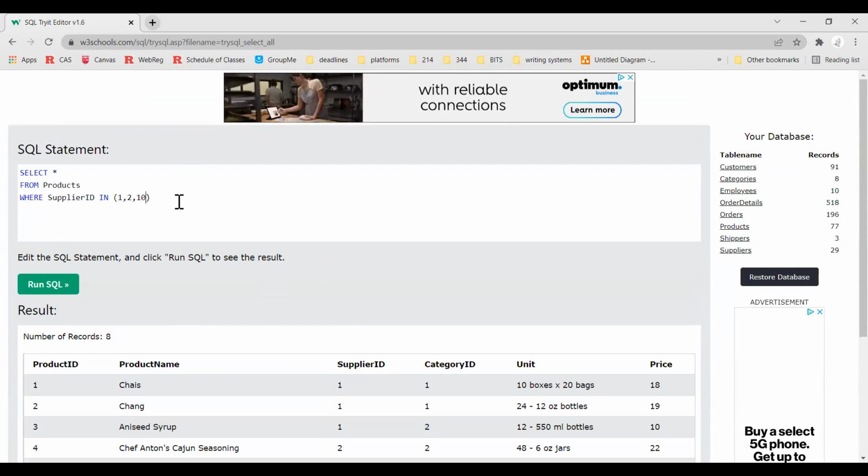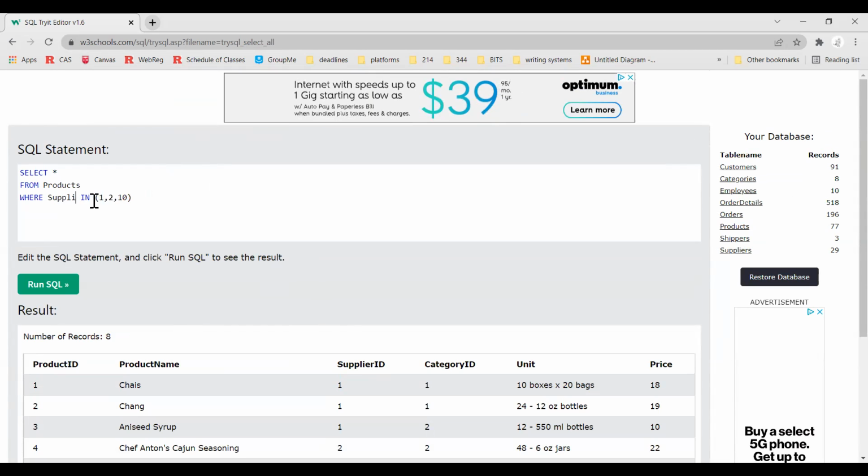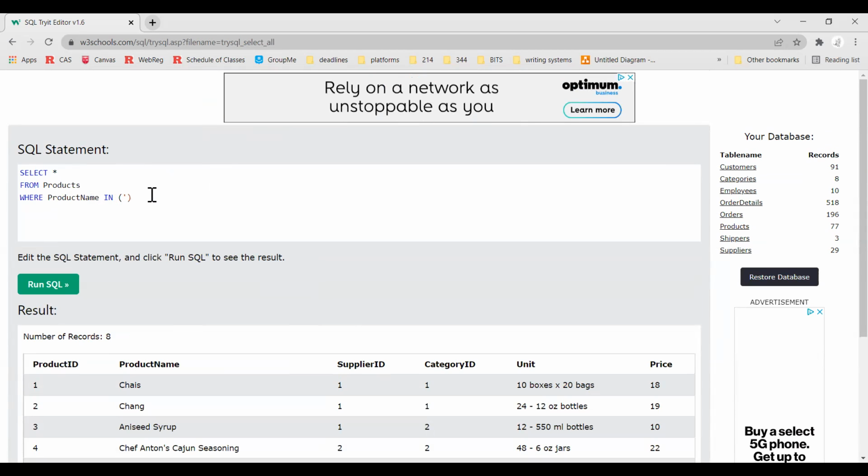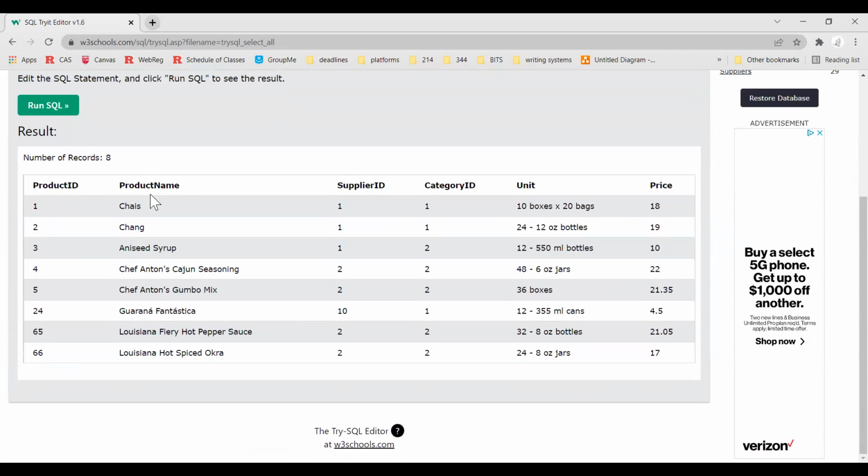And these don't have to be numbers either. So we could go with product name, tofu. What else? I can't remember. Chez is right there. Man, sorry for my horrible typing skills. I'll just copy and paste this one.